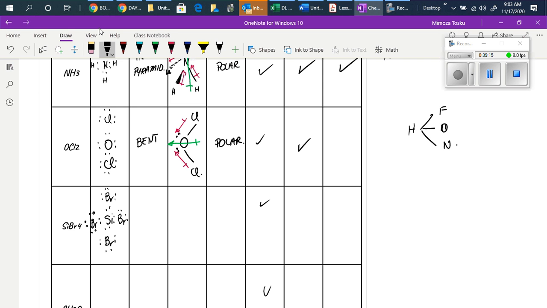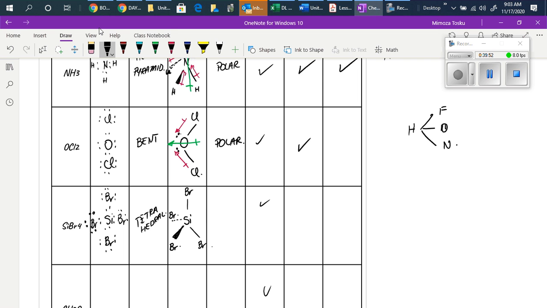Okay, their shape is tetrahedral. Tetrahedral, and the shape with bond dipoles will be silicon here in the middle, and then we'll have 1 bromine here, 1 bromine here, 1 bromine here, and 1 bromine here.